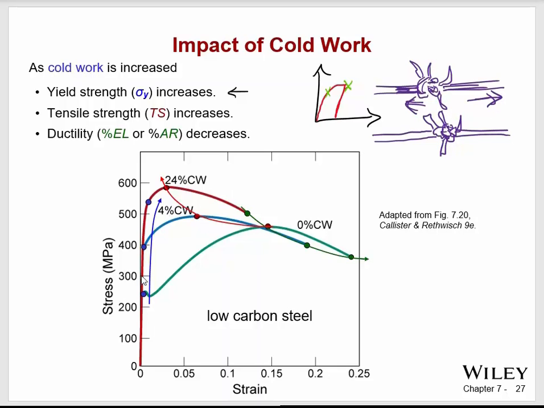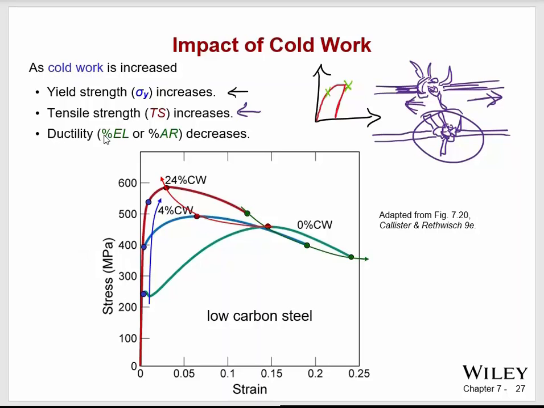So that's a visual for what's happening inside the material, where you've got planes sliding until they can't slide anymore and they catch, and then that increases the strength of the material. So on the yield strength and the tensile strength, you can hopefully see why that increases those.